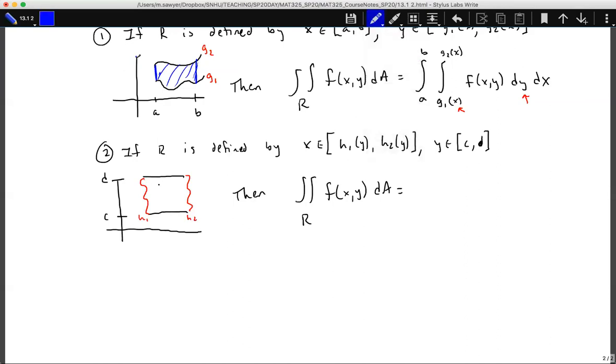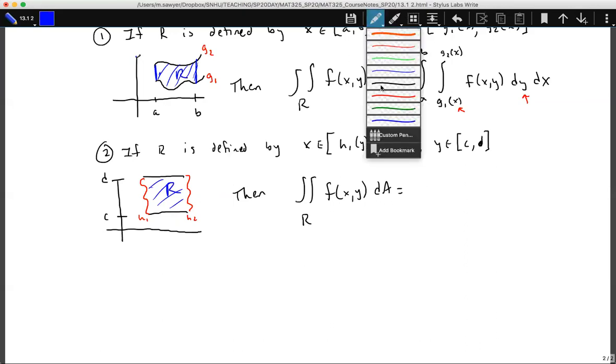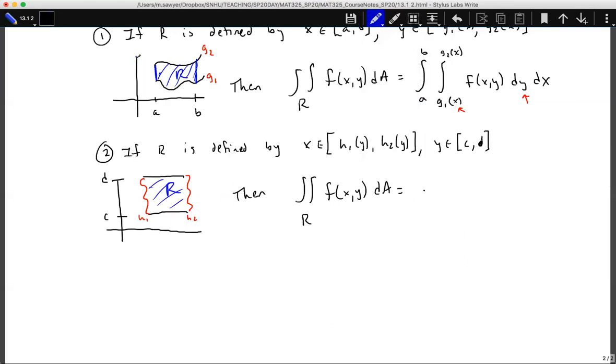And again, here's our region R. Then the function f of x y with respect to the area is equal to the constant bounds on the outside with respect to the functions of y on the inside, of the function f of x y, dx, dy.